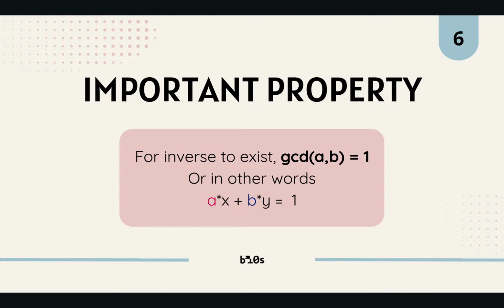This identity is called Bézout's identity, and x and y are called Bézout's coefficients. The way you can find these two values x and y is with the algorithm called the extended Euclidean algorithm. This algorithm is what is used to find the inverse. I will not get into how exactly that works, but that is the point.